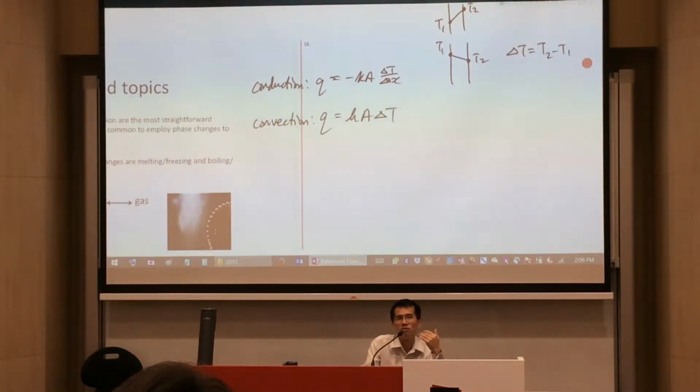And usually one of these temperatures would be ambient temperature. If it's not ambient temperature, then where is the heat going to go to? Say let's say it's a hot object. So usually the temperature that you want the heat to be transferring out to is ambient temperature.